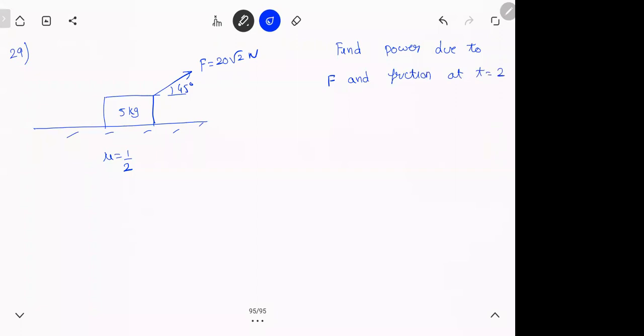If you remember this question we did, this is the 3rd time it is coming. First time we did this in kinematics. Second time we did this in work, in the same chapter. This is the 3rd time it is coming. Again, what is power? Force, velocity, cos theta. F bar dot v bar. Try for 2 minutes. First of all, you need to find the velocity. Means you have to draw an FBD. Find acceleration. You have done this.